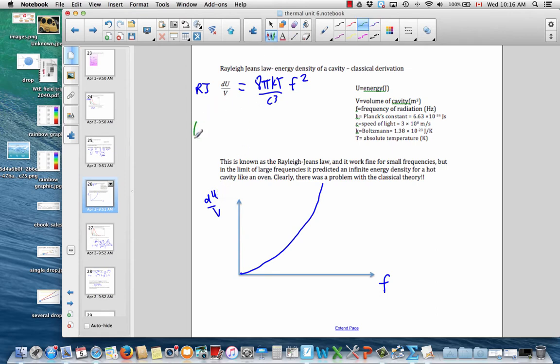What did work, the Planck function, du over dv, this is the quantum result. This is the correct result. It's 4 pi over c times the B function, and the B function was 2h f cubed over c squared, and then it's 1 over e to the hf over kT, that exponential function, subtract 1.